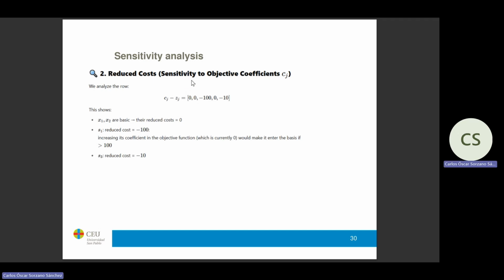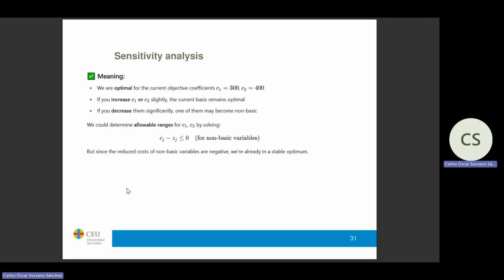And then we said, okay, the reduced costs of X1, X2, and S2 are zero. So those are the ones that are in the basis. And the shadow price of S1 is minus 100. The shadow price of S3 is minus 10. Very good. And so what is that?